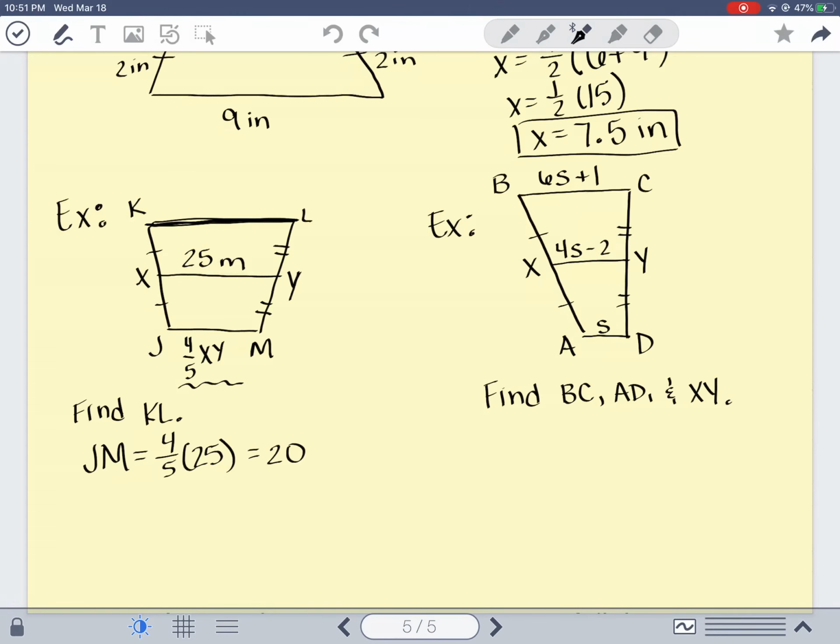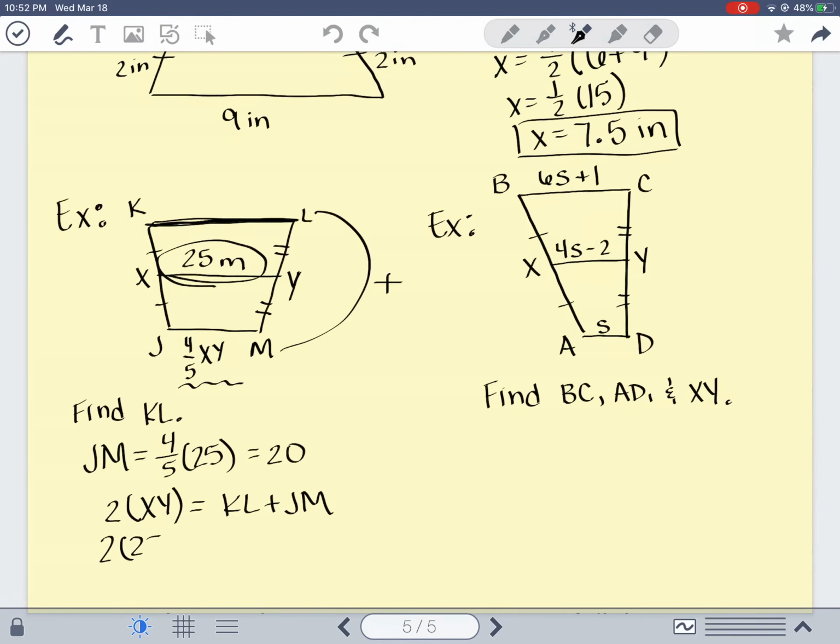Now, here is one of those times where it's probably easier to say that 2 of your mid-segment is equal to your bases added together. So let's plug in those numbers. 2 times 25 is going to equal KL plus our 20.